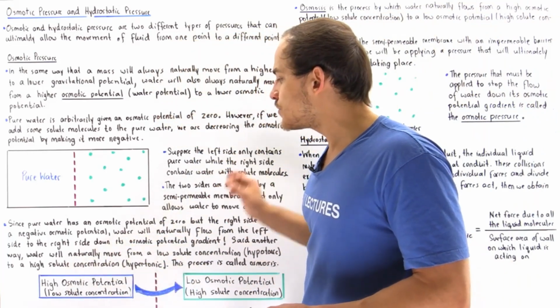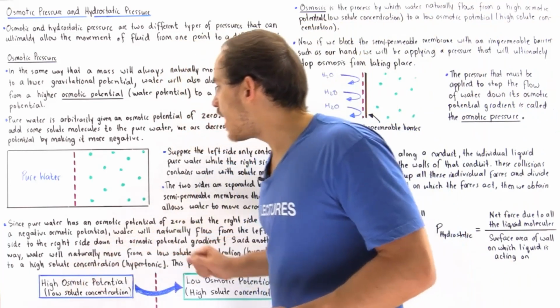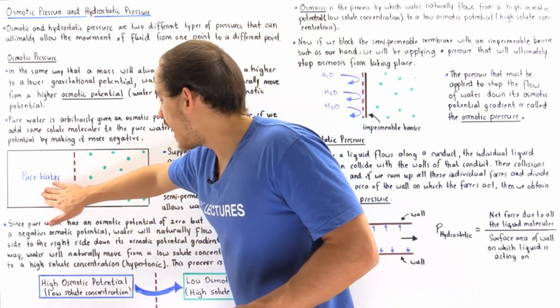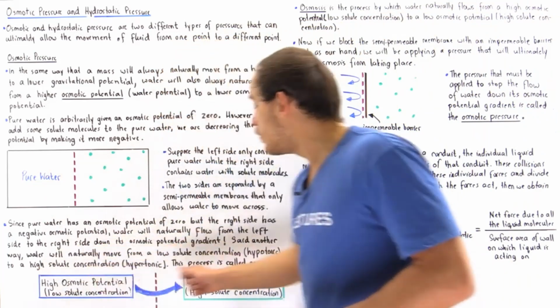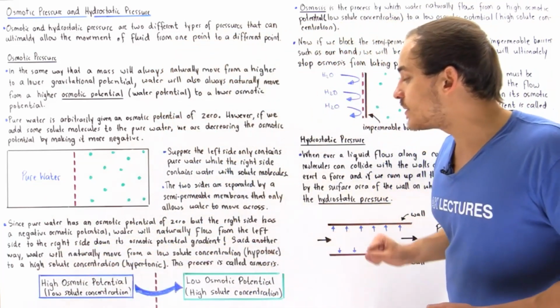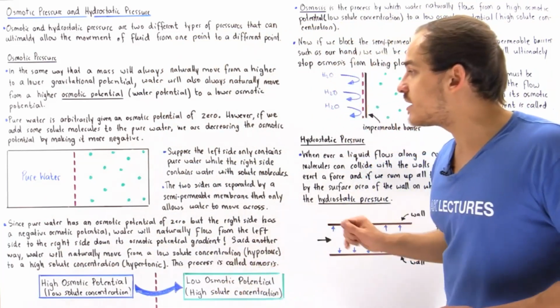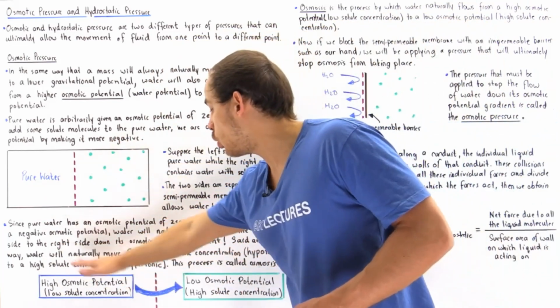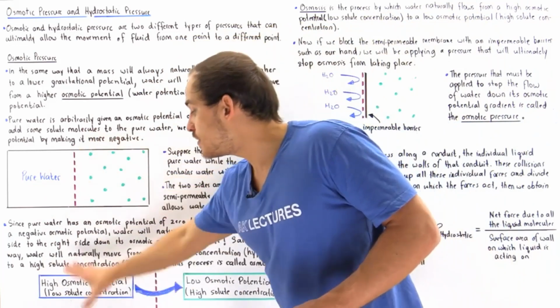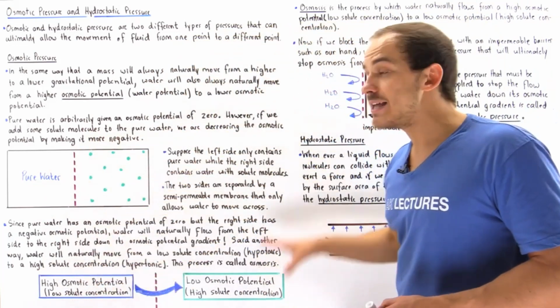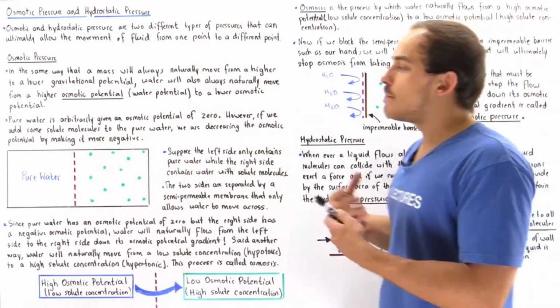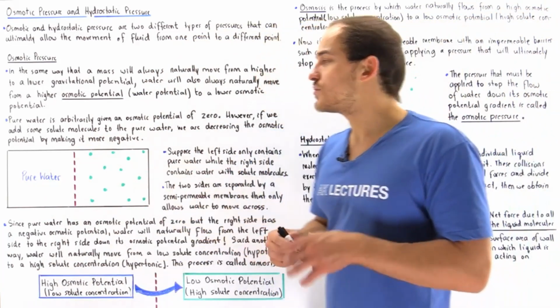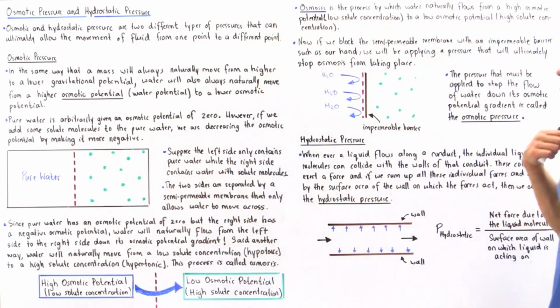So water tends to move from a high osmotic potential, the left side, which is also the low solute concentration, and it moves to the low osmotic potential or the high solute concentration, the right side. So it always naturally moves from this side to this side, and this is known as osmosis. Osmosis is the process by which water naturally moves down its osmotic potential gradient.